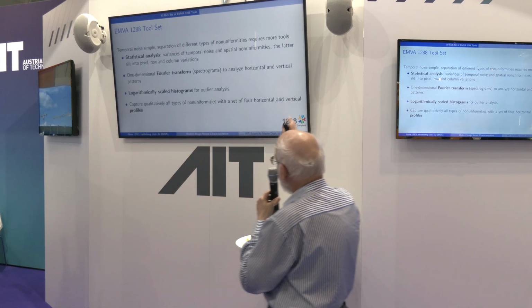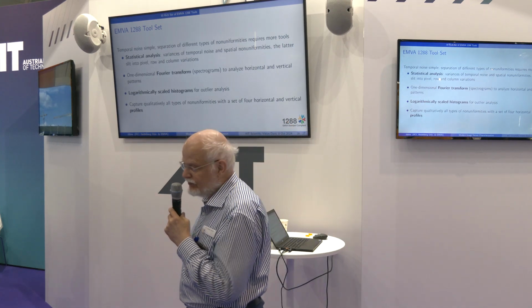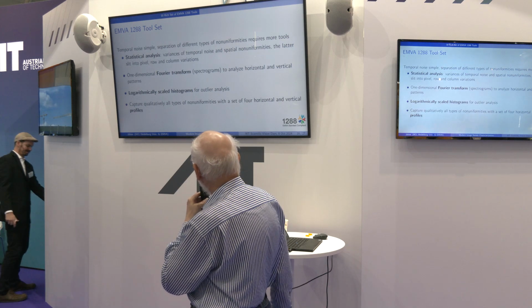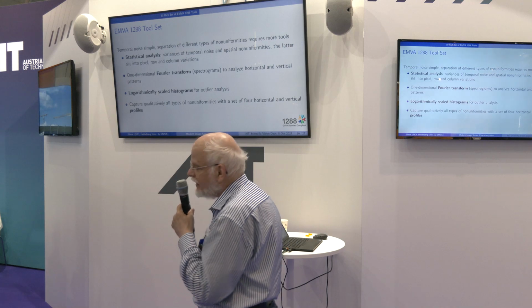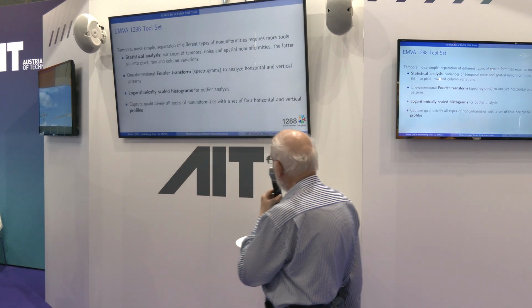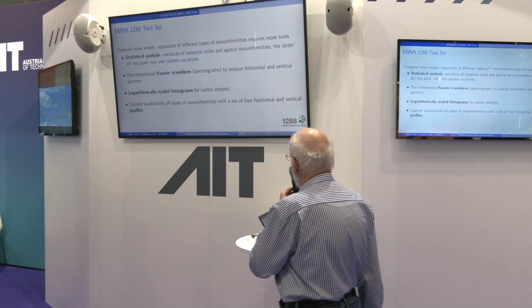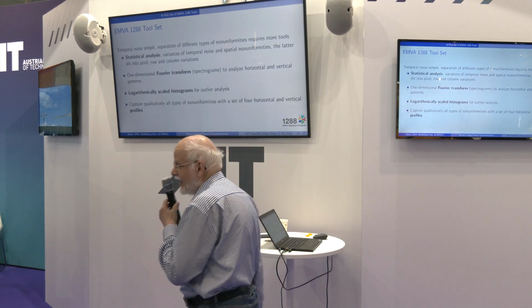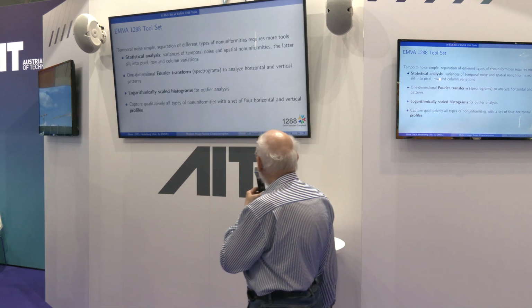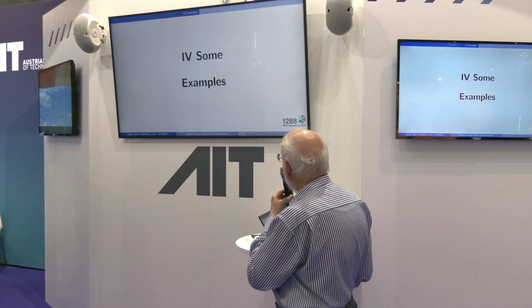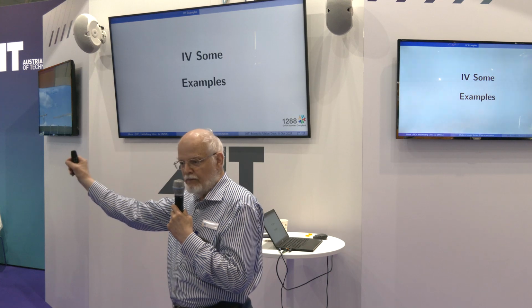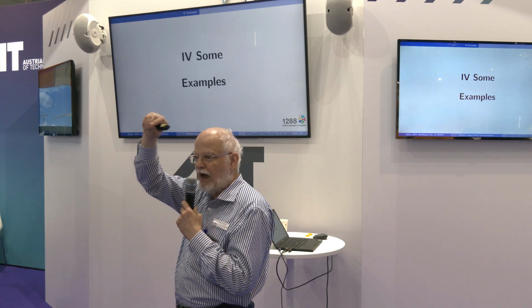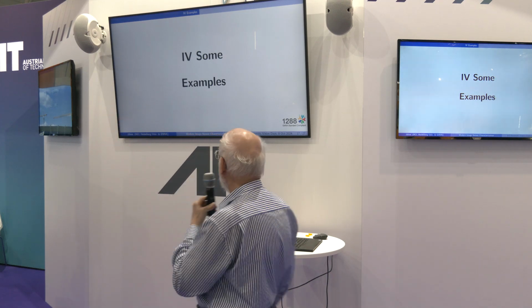Okay, so we then do a Fourier transform, so that you can see the really periodic patterns, and we also see the bad guys, so pixels which are outliers, with a logarithmically scaled histogram, and we can capture basically all types of non-uniformities with a set of profiles, which give you a mean row, and then positive outliers and negative outliers.